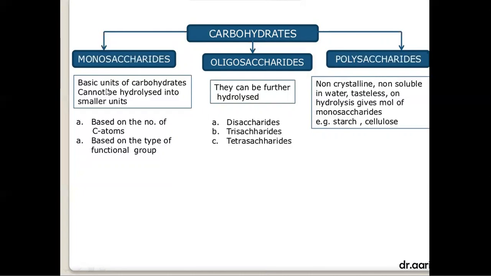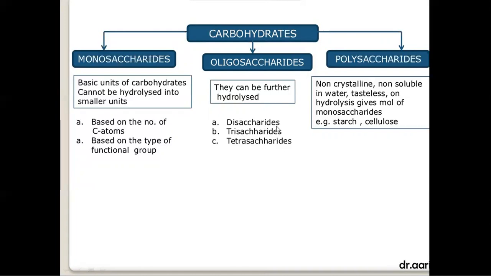Monosaccharides are the basic units of carbohydrates, simple sugars, which are again divided into two types based on the number of carbon atoms and also based on the functional group. Oligosaccharides are crystalline in nature, water soluble, and sweet in taste, and can be easily hydrolyzed. They are again divided into three important types: disaccharides, trisaccharides, and tetrasaccharides.